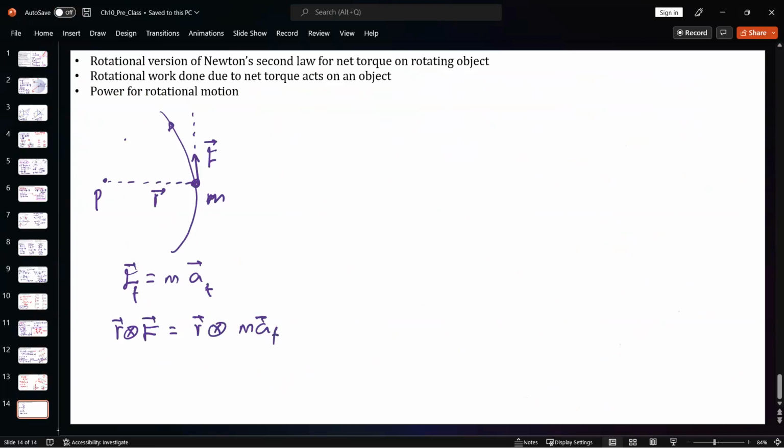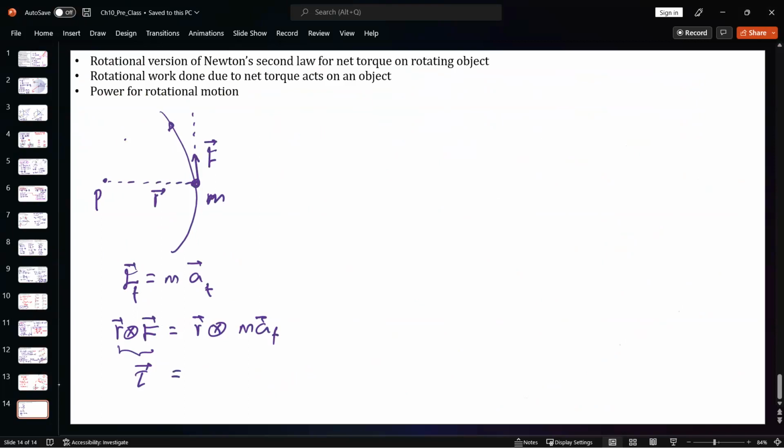So we are taking the cross product on both sides, then this side R cross F is equal to the torque acting on the object. When we try to rotate the object by applying a linear force, it creates the rotational version of the force. But this is a point particle. On the other hand, this side I have R cross M a of t.